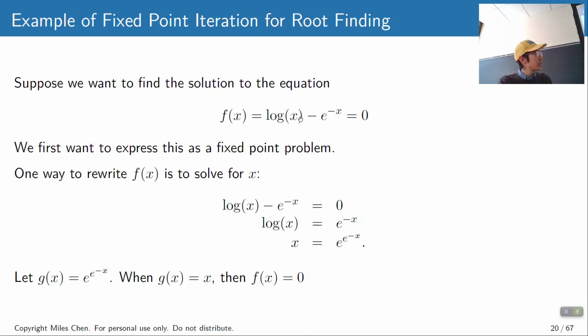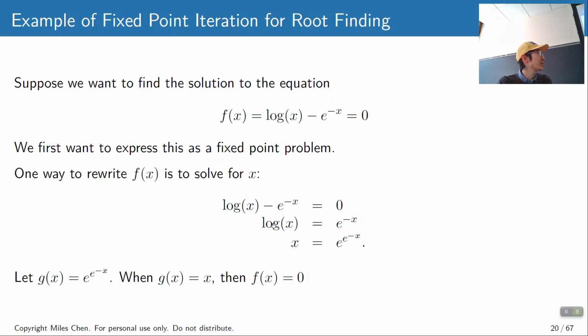Okay, so we want to find the root of this function. Log of x minus e to the negative x is equal to 0. Okay, so what is some function g of x, so that when g of x equals x, f of x equals 0? Well, one way is I can take this and say, hey, it looks like it's pretty easy to solve for x. So I'm going to do log of x minus e to the negative x equal to 0.